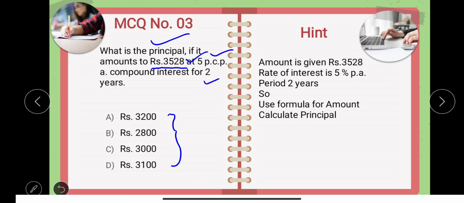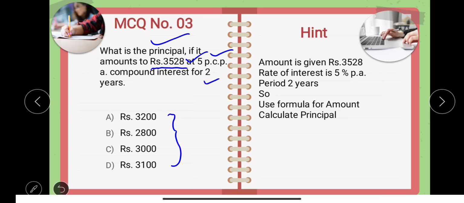So you have to use the formula for amount to calculate the principal. What is the formula for amount? Amount is equal to P into bracket 1 plus R upon 100, bracket raised to N. Use this formula to calculate the principal. The amount is given, so write down the amount. And what is the principal? Take P as it is and then solve it.